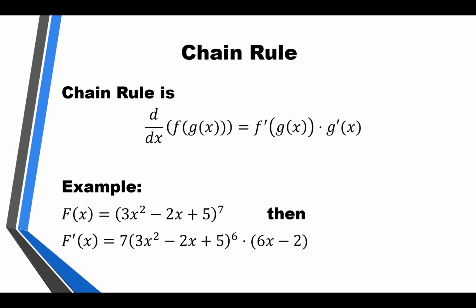In Calc 1, when we took a derivative of the composition of two functions, f of g, where g is our inside function, we ended up with f prime composed with normal g and then multiplied times the derivative of the inside function.